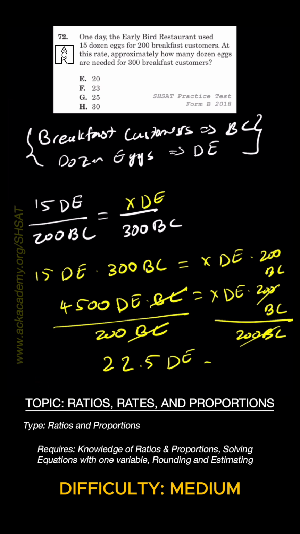Dozen eggs is equal to X dozen eggs, and you can actually cancel out these dozen eggs as well. Dozen eggs cancel this side, dozen eggs cancels on this side, and ultimately you're left with X equals 22.5.